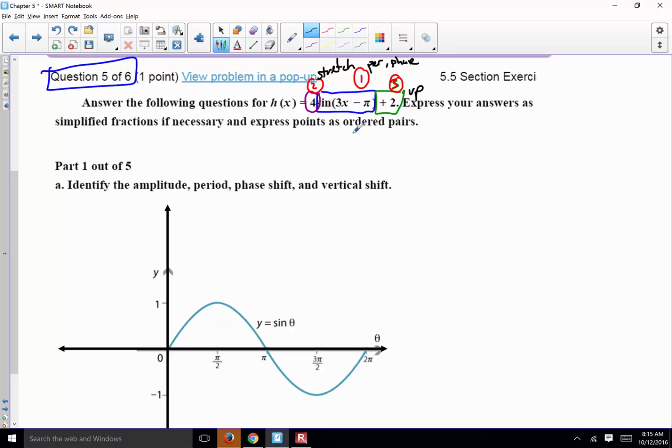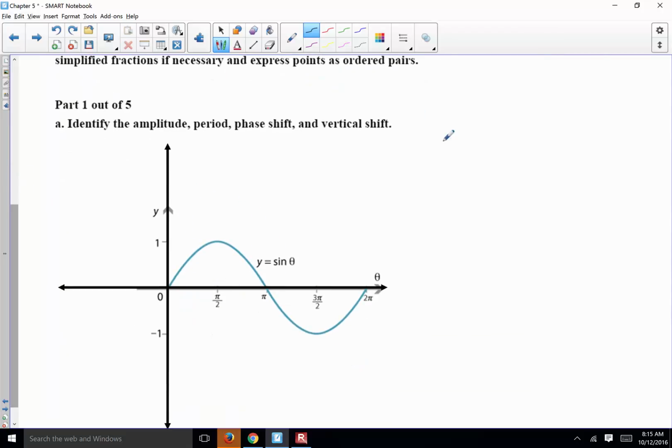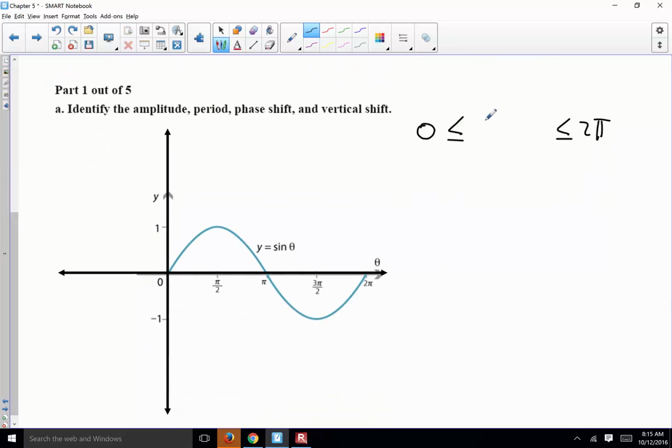I already can picture what's going on here in my mind. All I need is to put it on paper, right? Can you visualize what's going on here? More frequent ups and downs, right shift, enlargement, stretch, and go up. Let's do it. First, I need to know where this starts and ends. In all times, it would be just 0 and 2 pi. Now you have 3x minus pi.